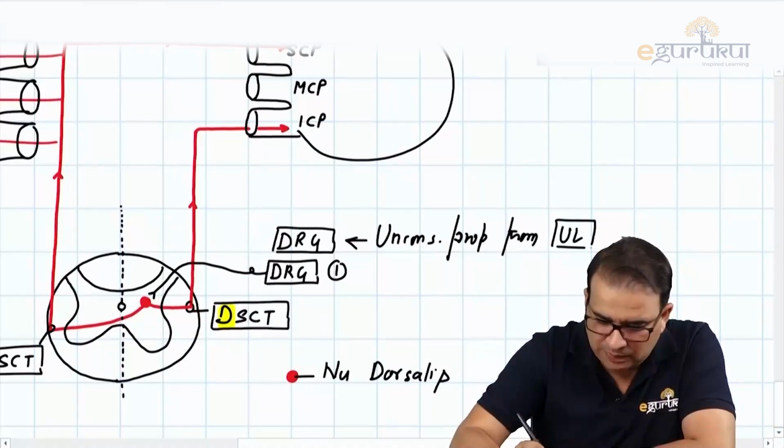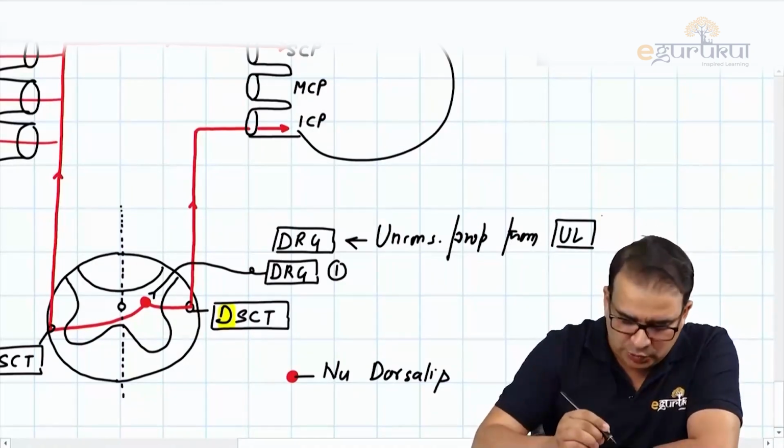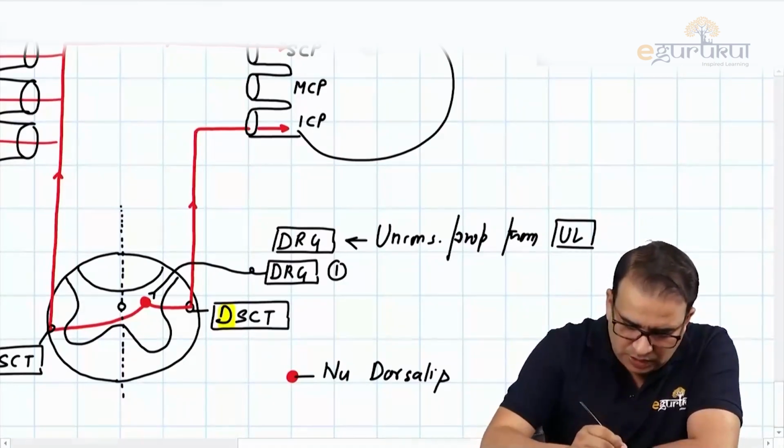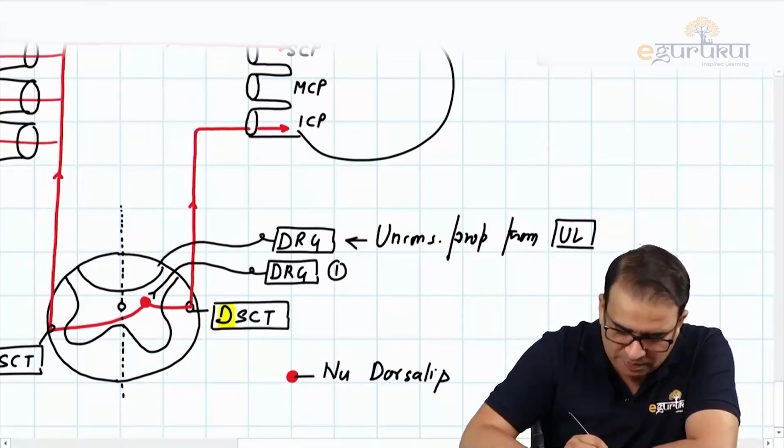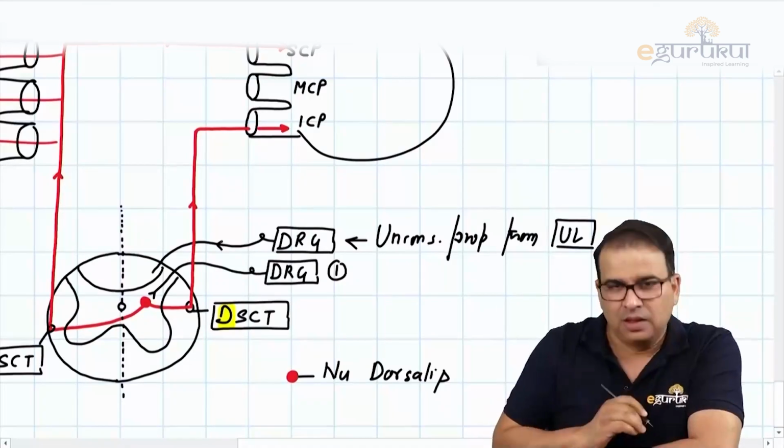If I just focus on the upper limb part, what upper limb fibers will do, these dorsal root ganglia fibers which are coming from the upper limb, they will go directly into the white matter of the spinal cord. So this is to be understood very well.